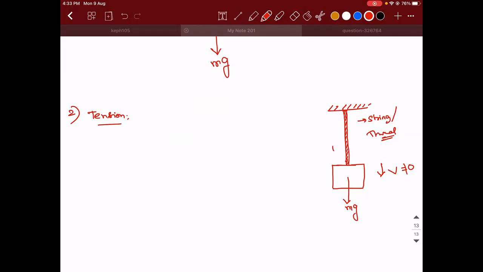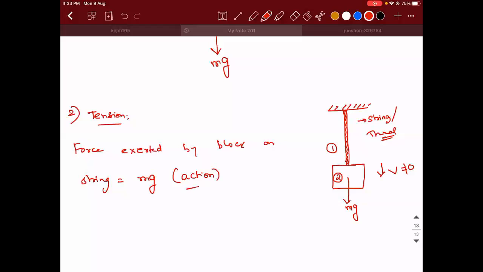So if I take this as the first object and this as the second object, the force exerted by the block on the string is how much? It is mg, because the block can exert a force only due to its mass. And we will call this action.